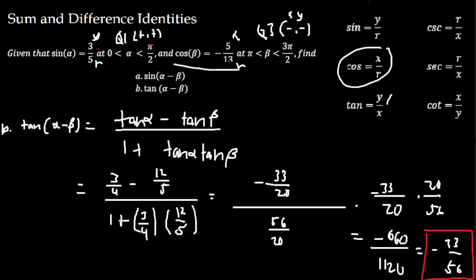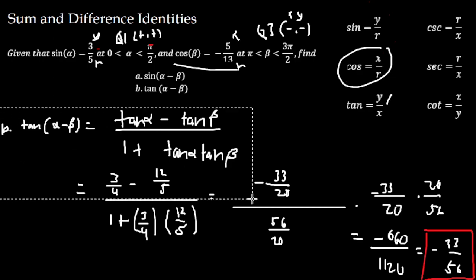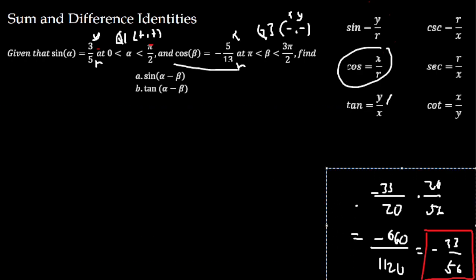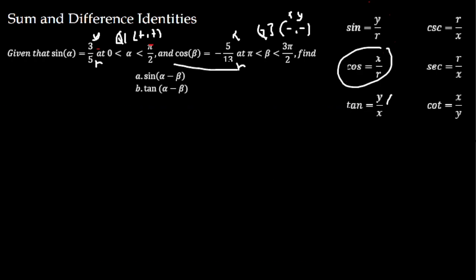Now, therefore, using our calculations, we can conclude that A, the sine of alpha minus beta is equal to 63 over 65, negative ba yan?